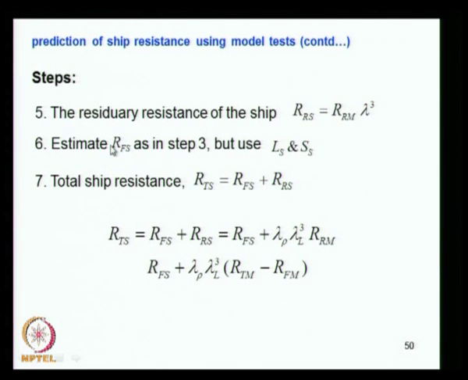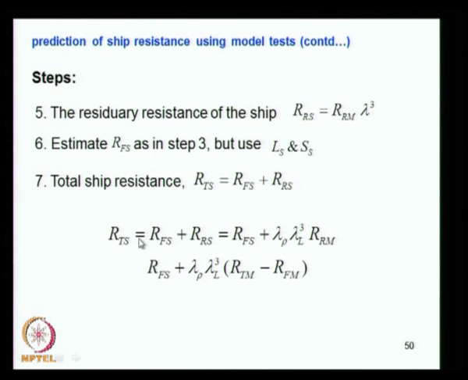So that is the frictional resistance of the ship. The only difference is you are using the ship dimensions: LS for the Reynolds number and SS for the resistance estimation of the ship. So now the total resistance of the ship is equal to RFS coming from here plus RRS coming from here. So you get both, and you get the total resistance of the ship.